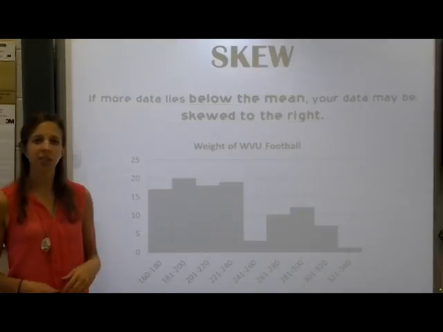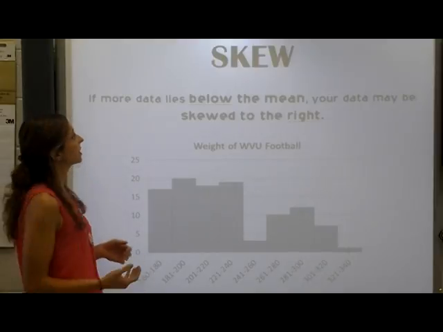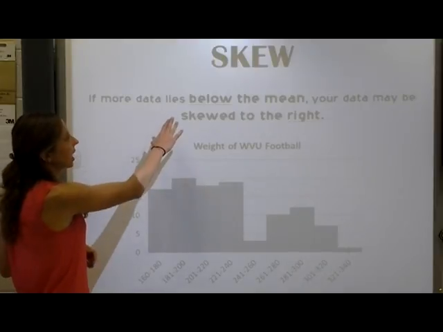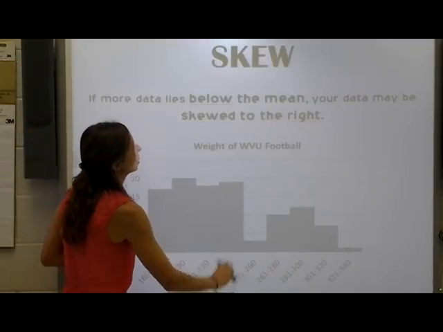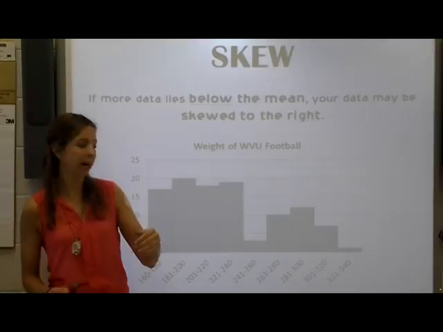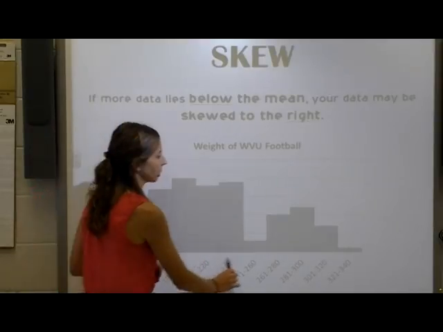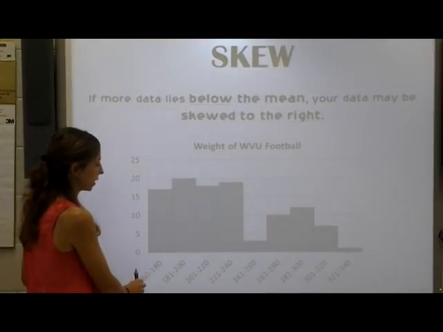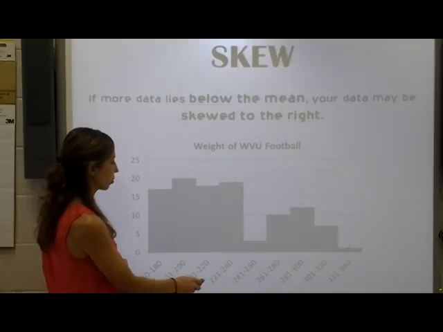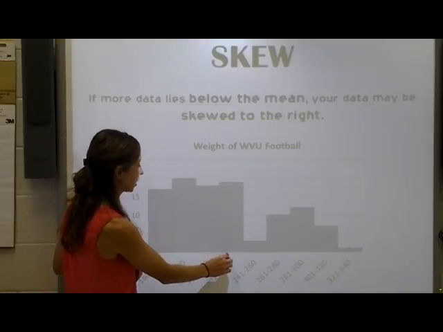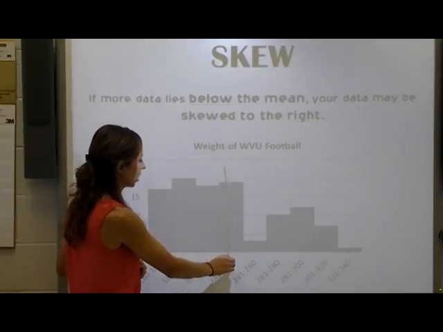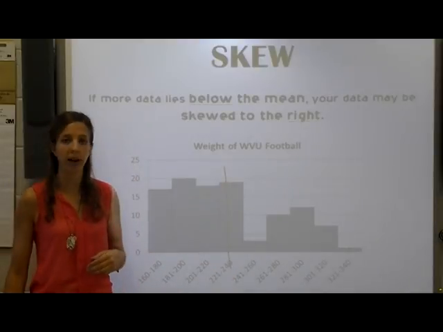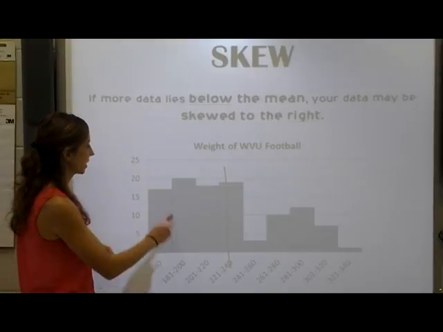So just to understand what skew really means, if more data lies below the mean, then your data is skewed to the right. So here's our example of our West Virginia football players. 228 pounds, so somewhere right around here, was the mean average of weight for the football players.